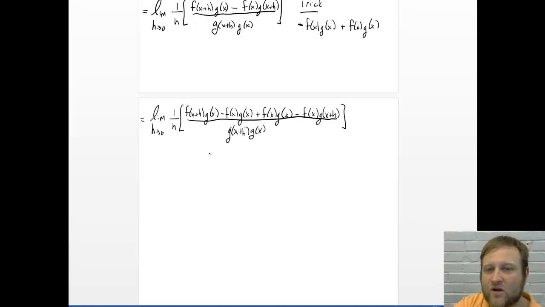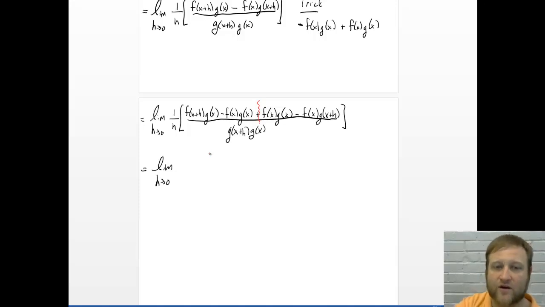But now let's go ahead and split this up. I'm going to distribute my 1 over h and my limit, because we know the limit of the sum of two functions will be the limit of each function summed together. So here I will say I have the limit as h approaches 0, and I'm going to split these up right down the middle there. The common denominator will be g of x plus h times g of x.